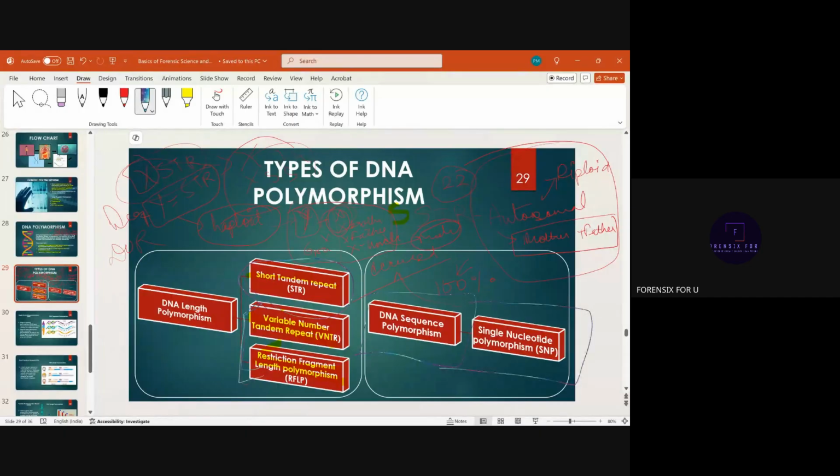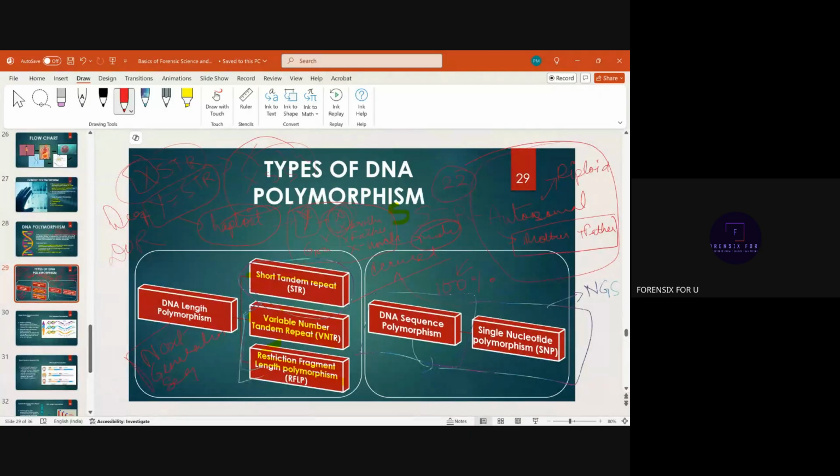Single nucleotide polymorphism is again advanced, and DNA sequence polymorphism is basically indicating a complete gene. Now, SNPs are also used in the case of NGS. I hope you all have heard of NGS, which is also known as next generation sequencing.